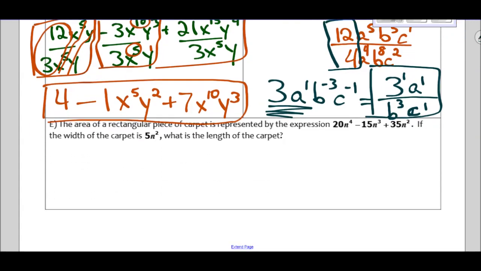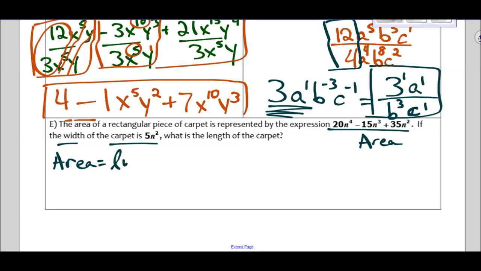The next one is talking about an area of a rectangular piece of carpet, and it's represented by that expression. That's the area. If the width of the carpet is 5n squared, what's the length? So the area of any rectangle is just length times width.